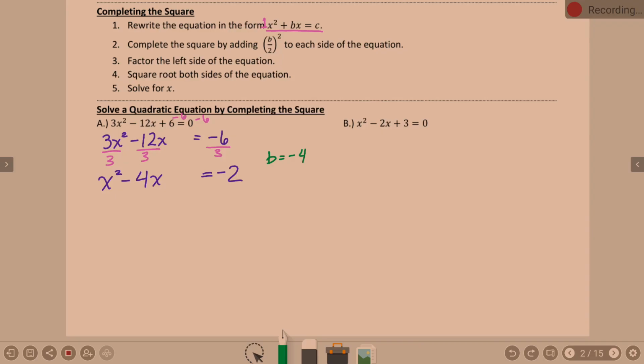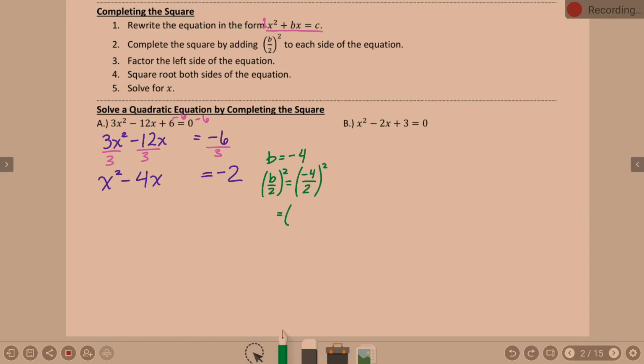Well, we're supposed to do b over 2 quantity squared. So if I'm doing b divided by 2 quantity squared, that means we're going to do negative 4 divided by 2 quantity squared. What is negative 4 divided by 2?